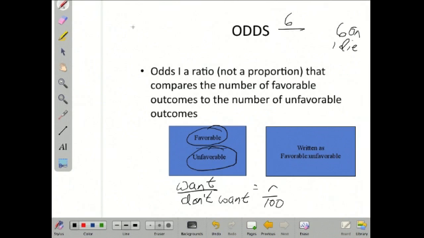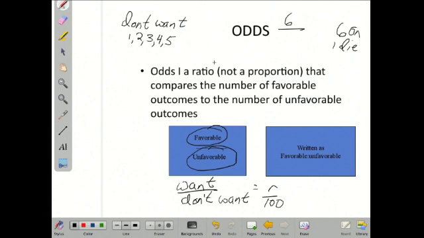What I don't want: I don't want a 1, I don't want a 2, I don't want a 3, I don't want a 4, and I don't want a 5. The only thing I want is a 6. So what we want is a 6. What we don't want is this.